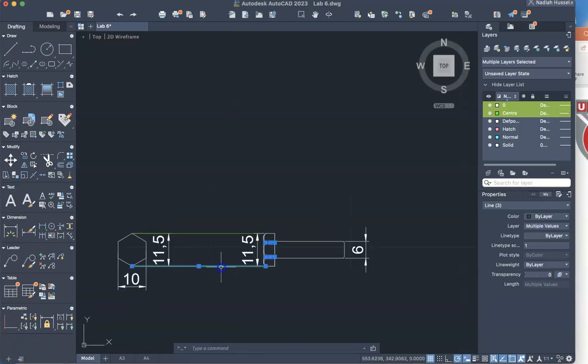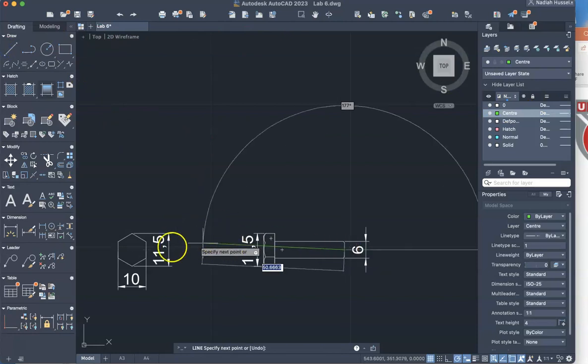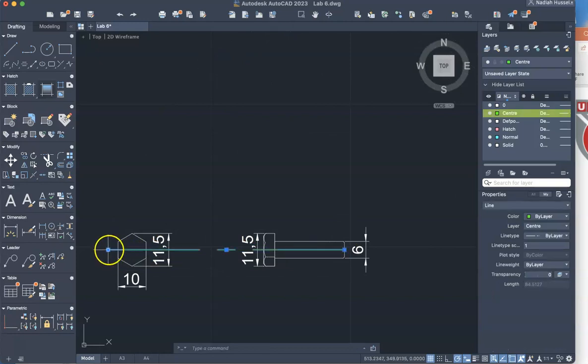So I'm going to remove this guideline, and since this is a rounded bolt, we will need to have our center line. Okay, and the center line will be at the midpoint. Oops, sorry, I forgot. We cannot extend the center line too far.